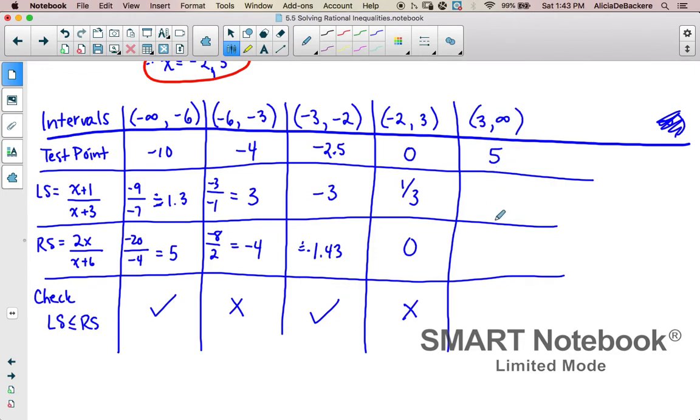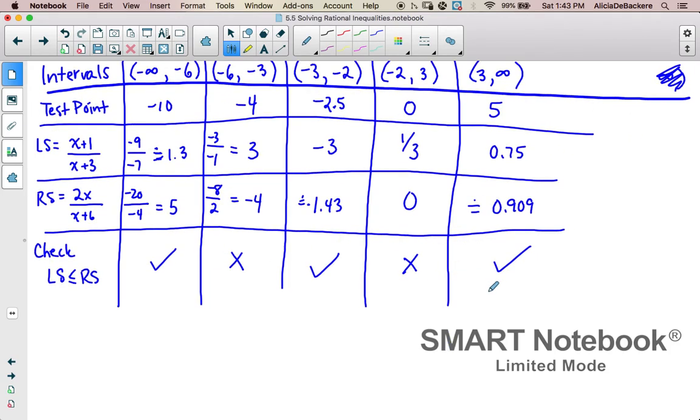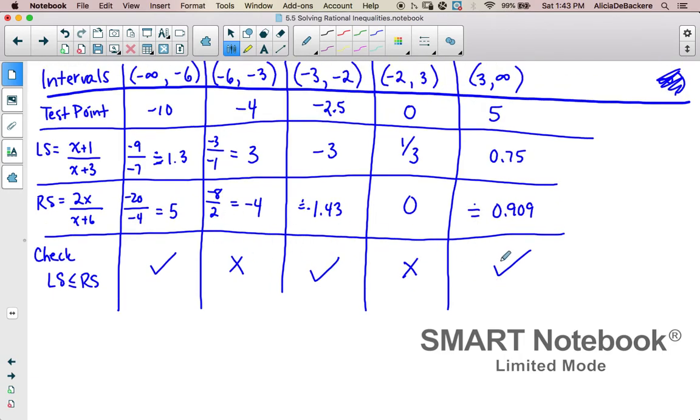Something bigger than 3. You're going to plug it into the left side here. I get 0.75, and then I'm going to plug it into the right side. So I'm plugging 5 in for my x's, and I get about 0.909. And then I'm asking myself, is the left side number smaller than the right side number? And yes, it is. So I've got my solutions here, my 3 intervals that work.